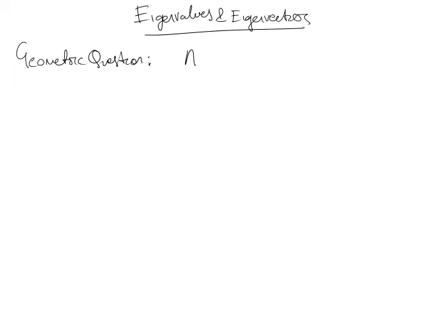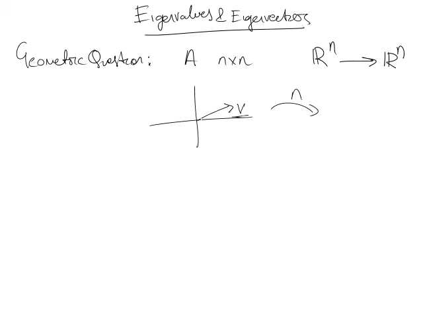So, if I have an n by n square matrix A, then this is a linear transformation from Rn to Rn. And what this does is it takes a vector in Rn, let's say v, and when you hit it with A, you get some other vector Av also in Rn.